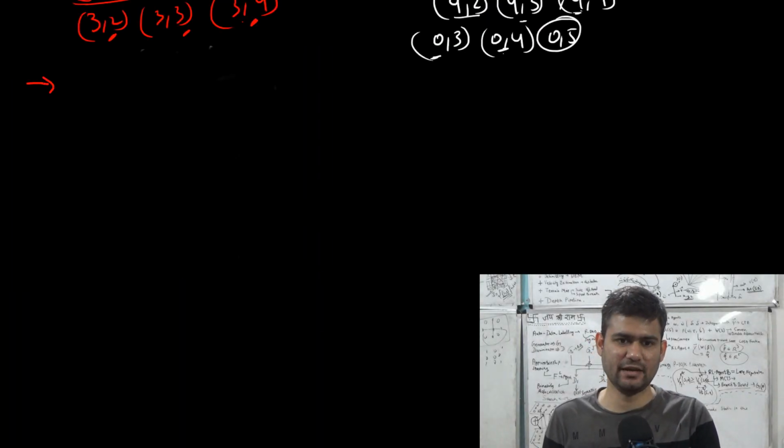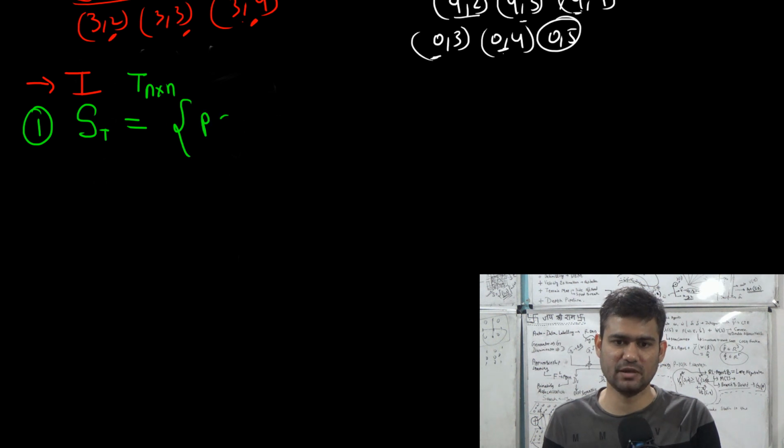So we have an image I. We want to erode it with an n cross n operator which contains our structuring element. So the first step is to define the set ST, which is our structuring element. It's a set of all coordinates P in Z square such that T of P is equal to 1.